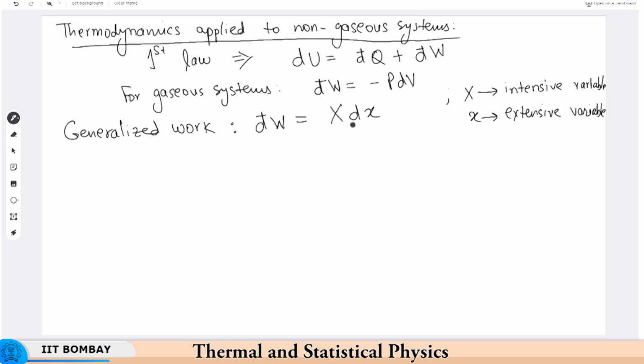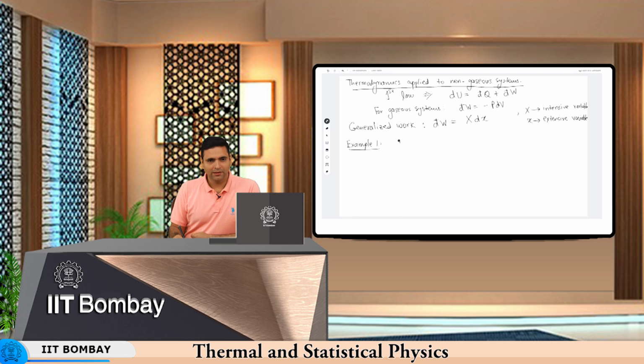So, keeping this picture in mind, now let us move on to the first non-gaseous example. Example 1 is a solid rod. Let us see how we can understand the thermodynamics of a solid rod.